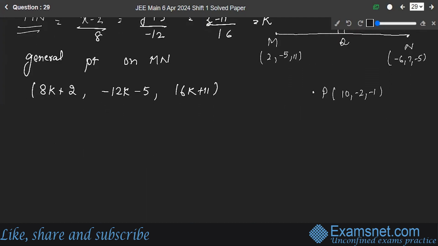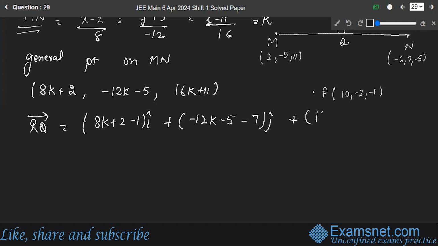So RQ in vector form will be given by, R has the coordinates (1, 7, 6). So this will be (8k plus 2 minus 1, minus 12k minus 5 minus 7, 16k plus 11 minus 6).